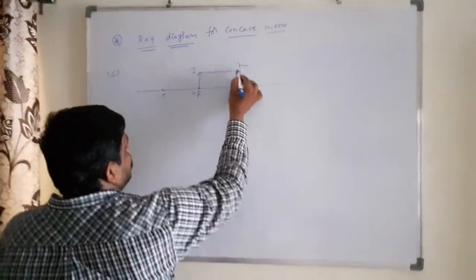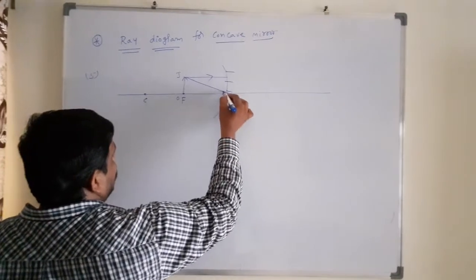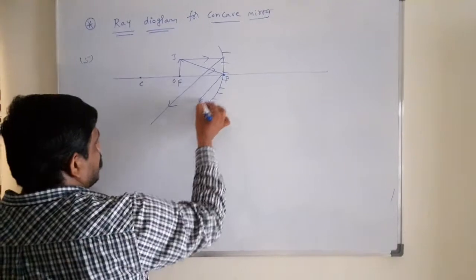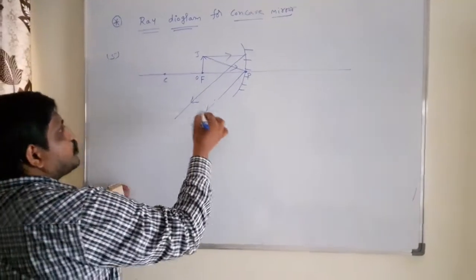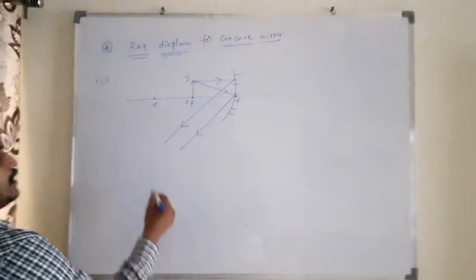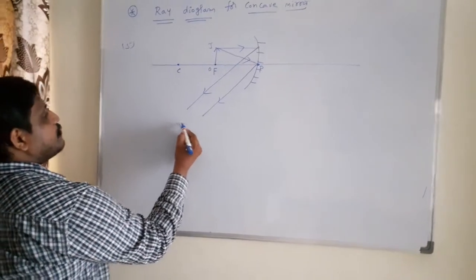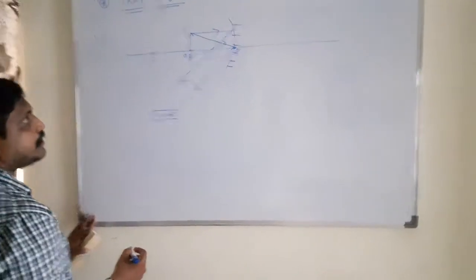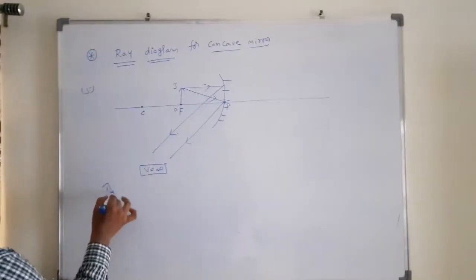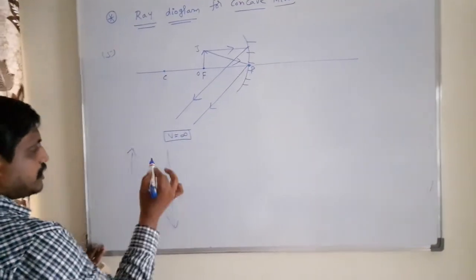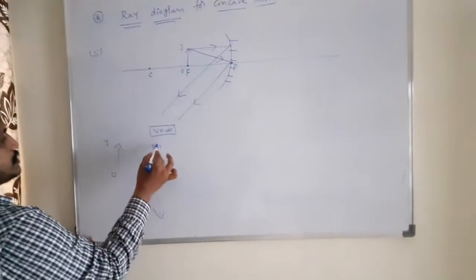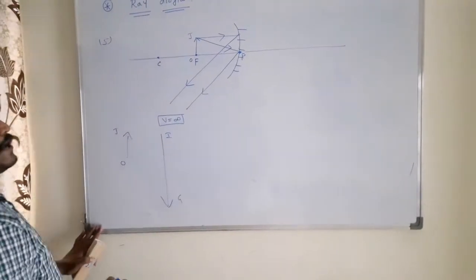Object at focus. Look here, these rays are reflected, and both reflected rays are parallel, that means the final image is also at infinity. This is the object and this is the image, as in a microscope.